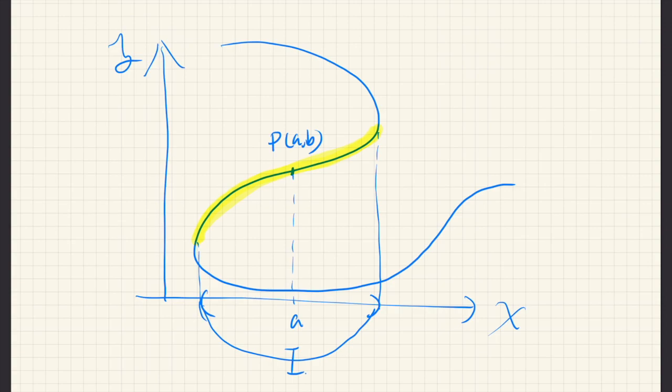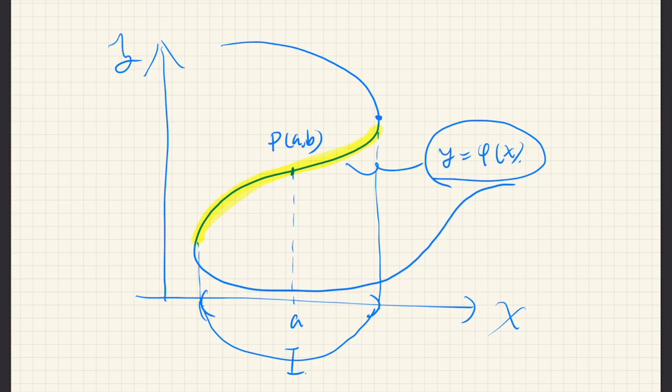Okay, so that is y equals to phi of x. So in a sense, we can extract a certain part of the curve so that that part can be considered as a function of x.